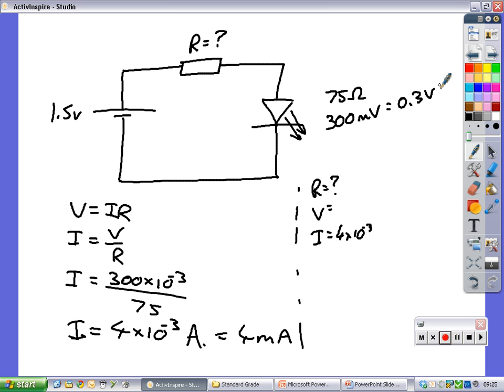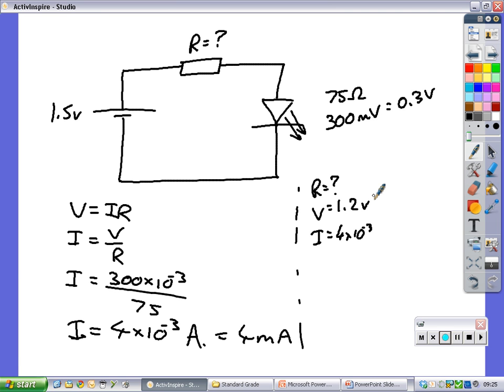So the voltage through the resistor is going to be 1.5 minus 0.3, so it's going to be 1.2. Yeah, but that's the total voltage. So that voltage is split between this and this. So it's 0.3 and 1.2, which gives you 1.5.